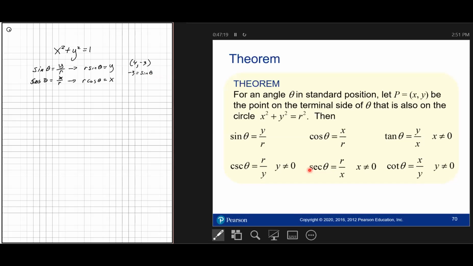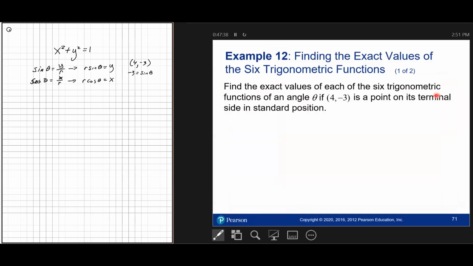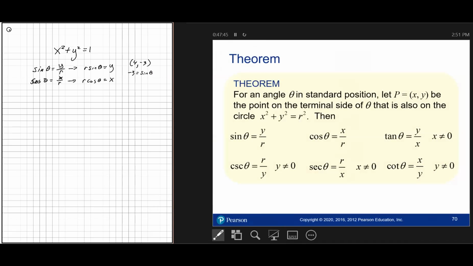And I can't see what it's saying the radius is. Oh, I moved over too soon. Okay. And so r times sine of theta.